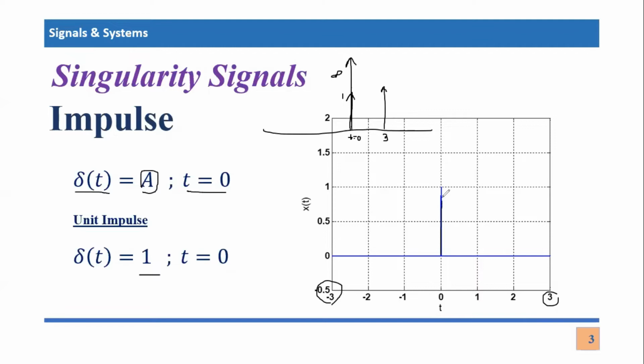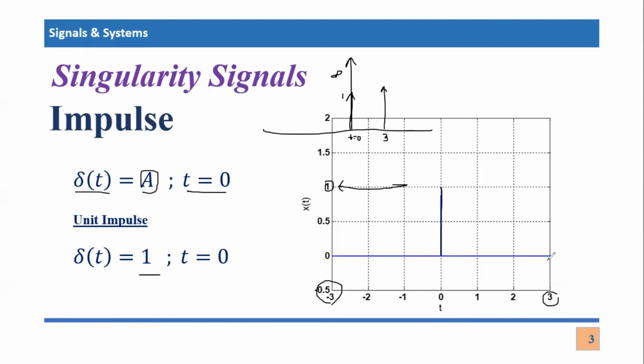It goes to a strength of 1, so its magnitude is 1, right? Its value is equal to 1 at time equal to 0. It appears at time equal to 0 and goes away right away, right? So you do not see its value at time equal to 1, 1.1, 10, or infinity. You won't find it.